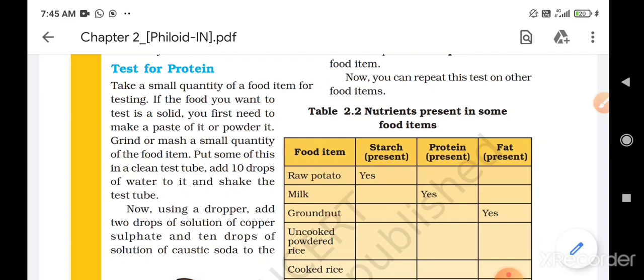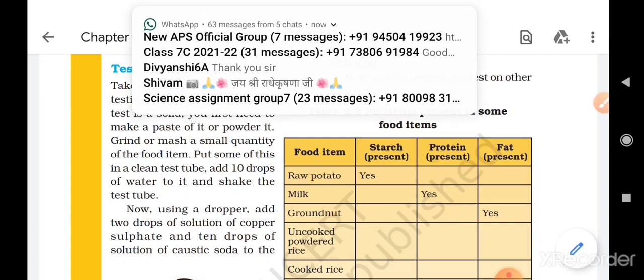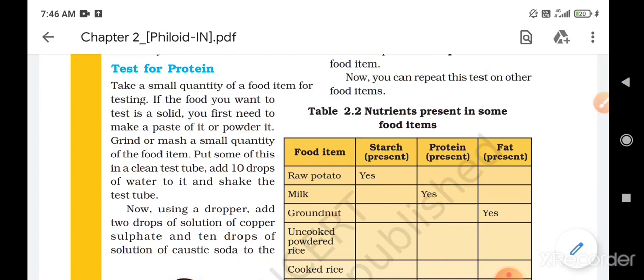Okay, so we have to put some caustic soda into the first test tube, that is of food that is tested for the presence of protein.